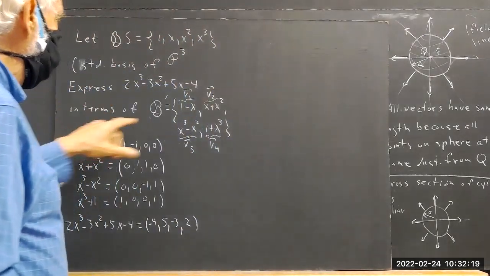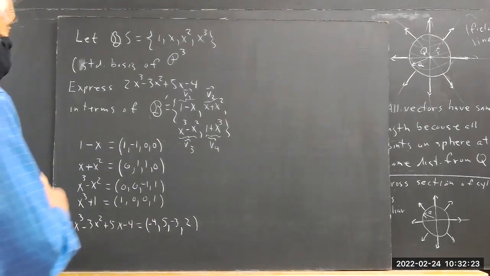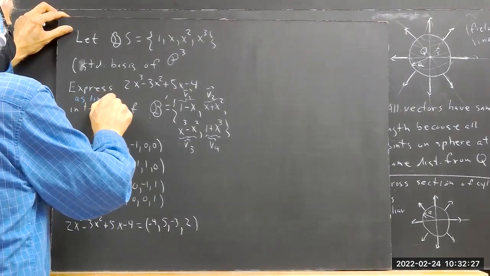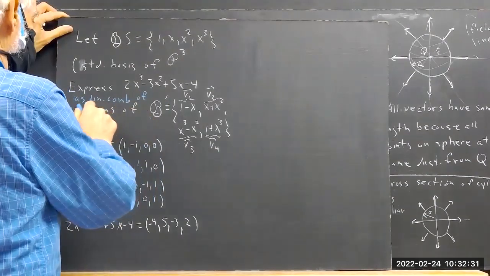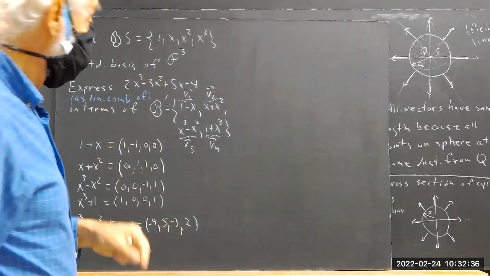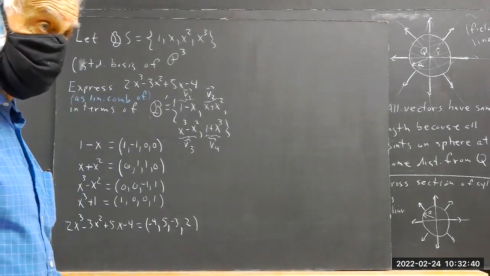So when I say express this in terms of this matrix, in this context it means as a linear combination of these vectors. So we know how to write a linear combination.